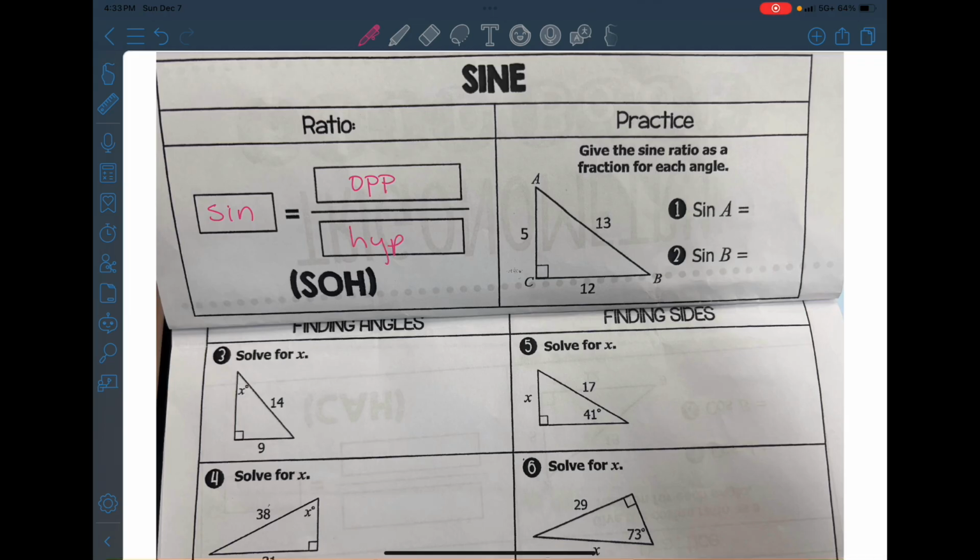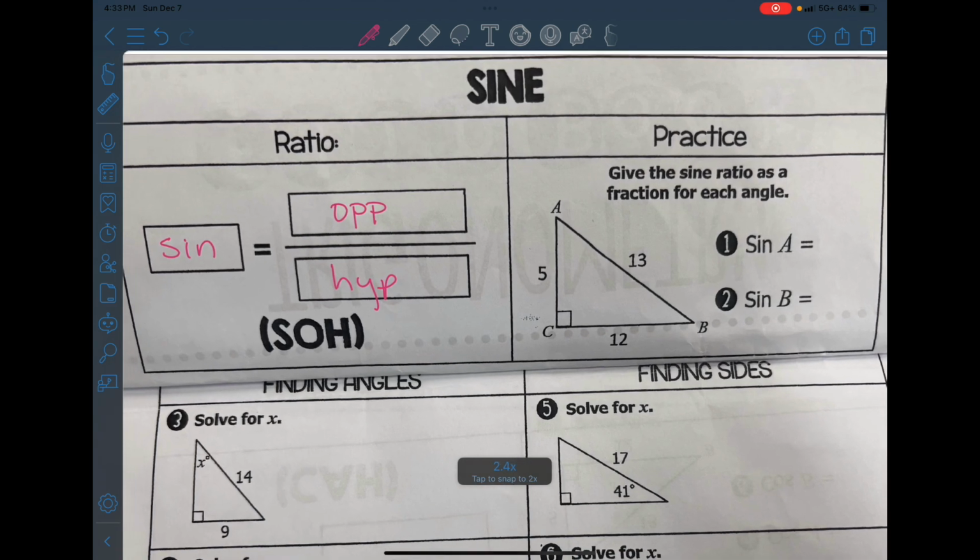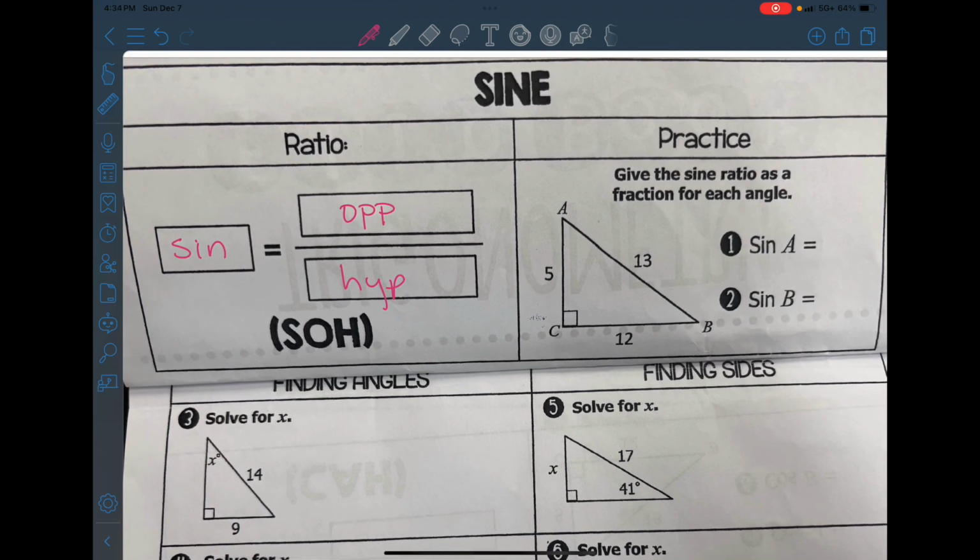If you look at this triangle, your longest side is always the hypotenuse, and we are never going to call it the opposite or the adjacent. We may say, hey, that's opposite the right angle, but that's only to show us where it is. For the trig functions, we will never call the hypotenuse opposite or adjacent. It can only be called the hypotenuse.